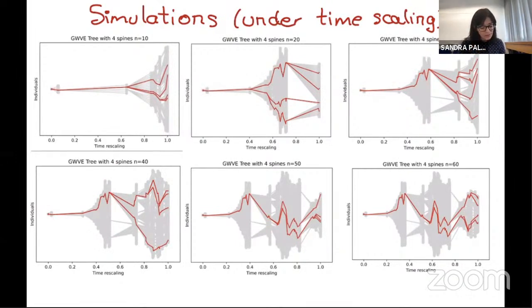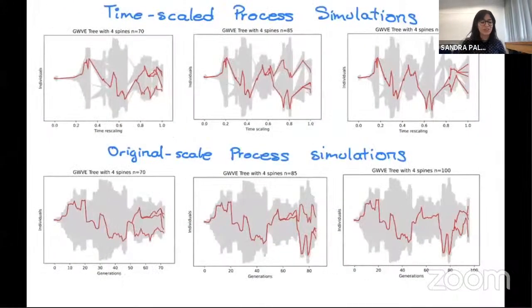Something also that we can see is that the spine will be the same until the time when that spine dies, and then we will select a new one. And this is more simulations where we have n equal to 70, 85, and 100.